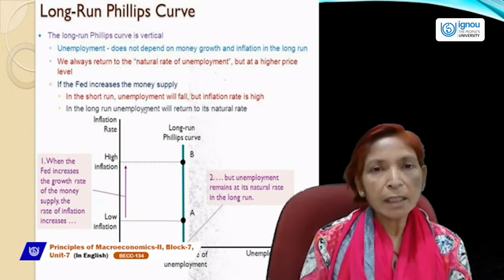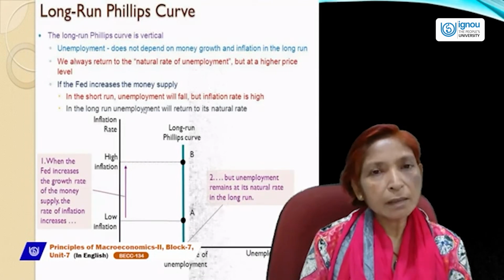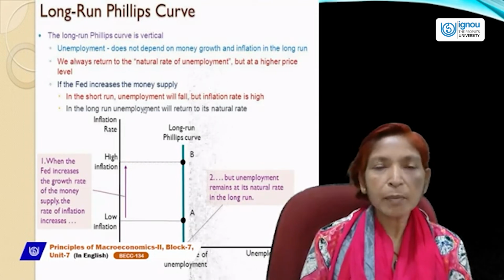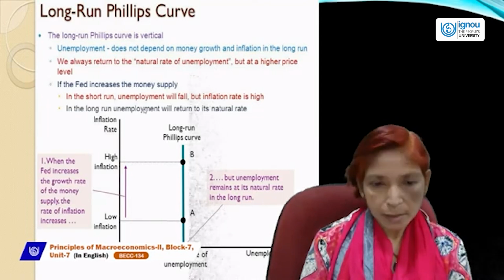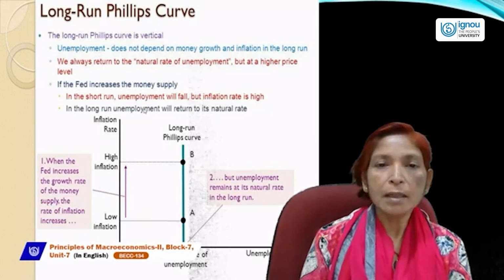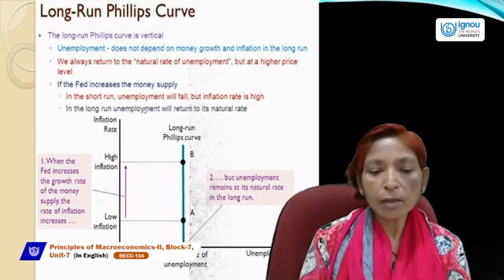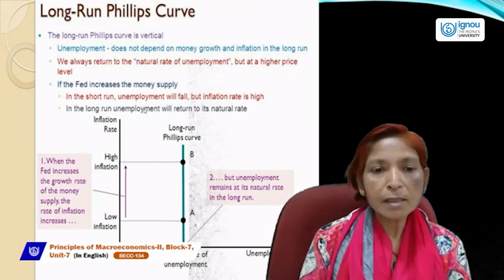When money supply increases, the inflation rate will be higher, and when money supply falls, then the inflation rate will fall. But unemployment remains at its natural rate in the long run. That's why this curve is always vertical.